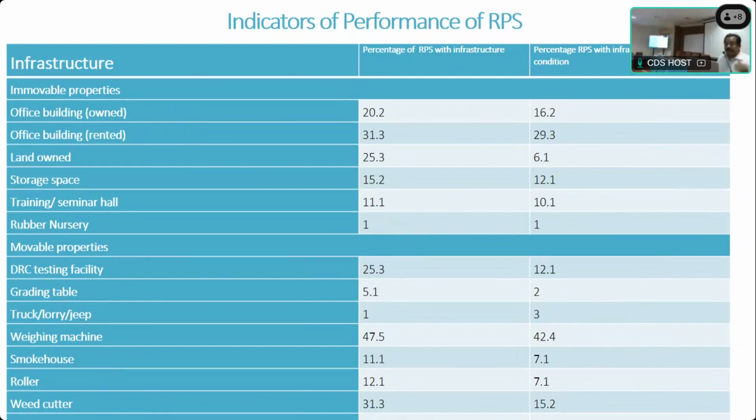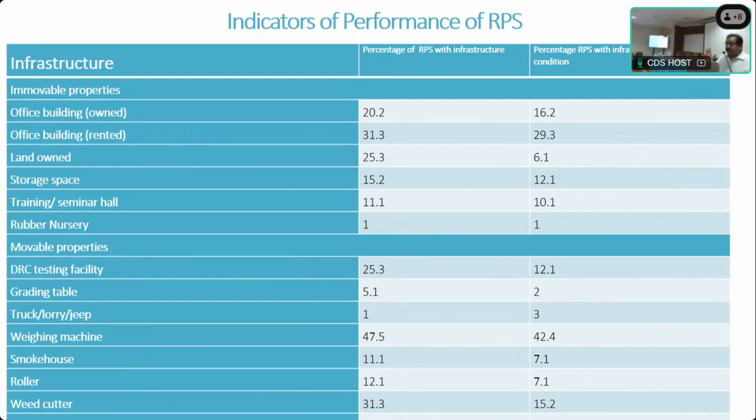I've given a list of all the things over there. As you can see, the weighing machine is a popular one, available in about 50% of the RPSs, and about 50% of them did not have it.